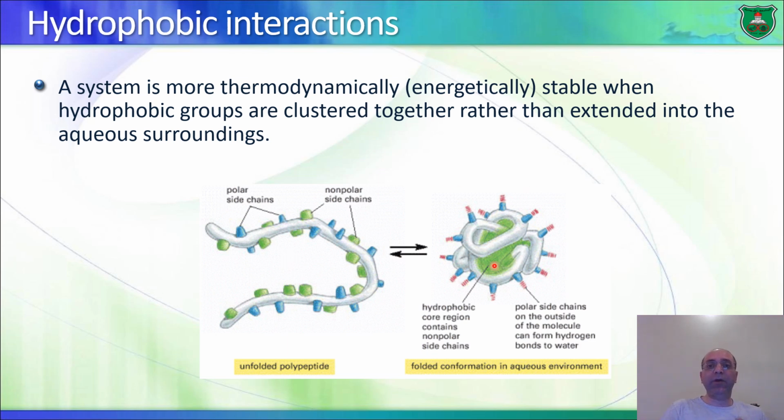They exist in the core of a protein. And on the surface of any globular, rounded protein, you have these polar and charged amino acids. So probably the most important force that determines protein structure is basically hydrophobic interactions.